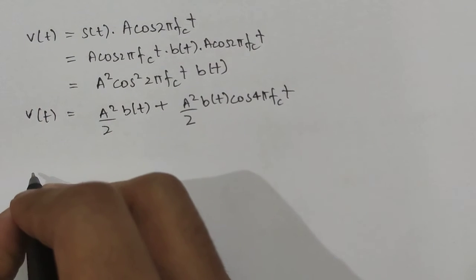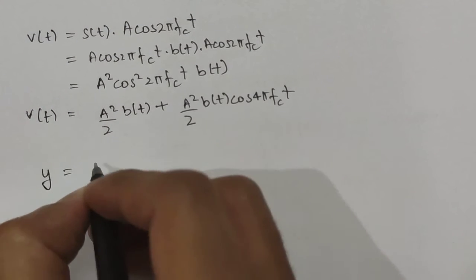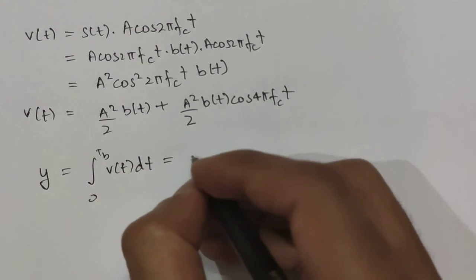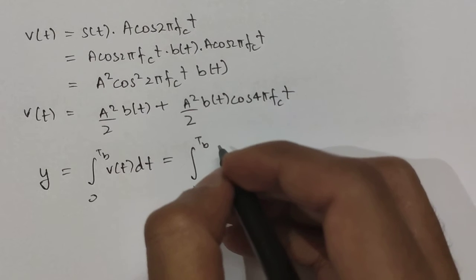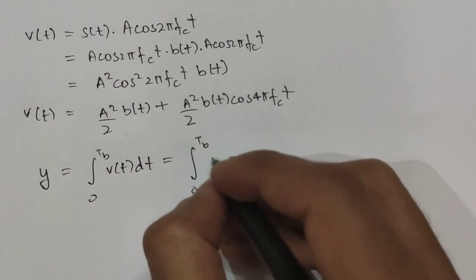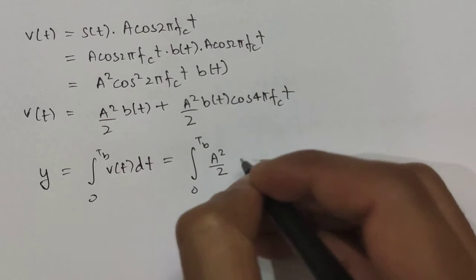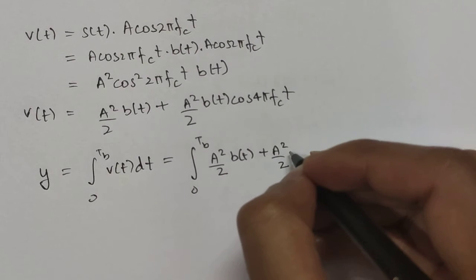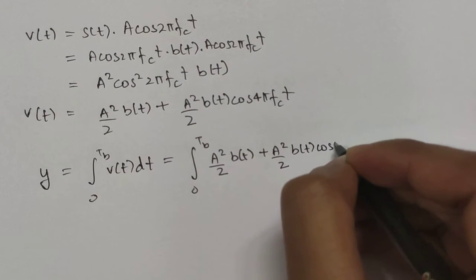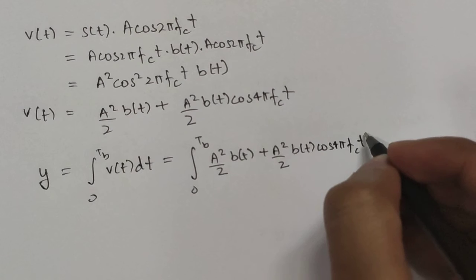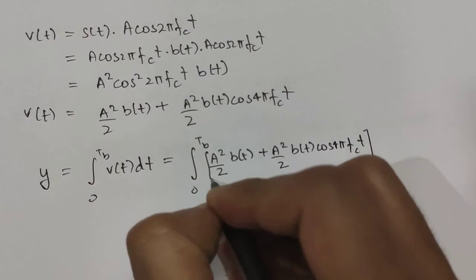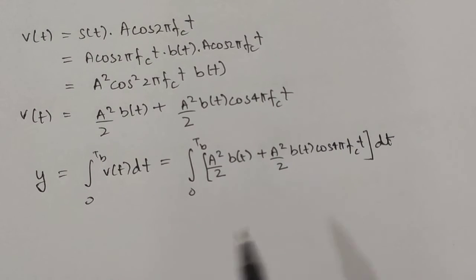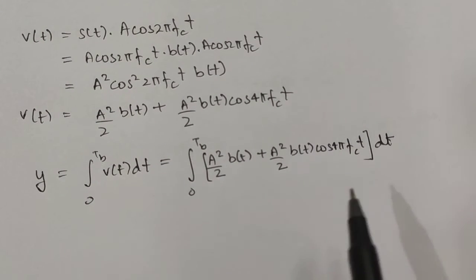So we'll write here y equal to the integral from 0 to Tb of V of t dt, which is the integral from 0 to Tb of A squared by 2 b of t plus A squared by 2 b of t cos 4 pi fc t dt. Before performing the integral, we will see something here.